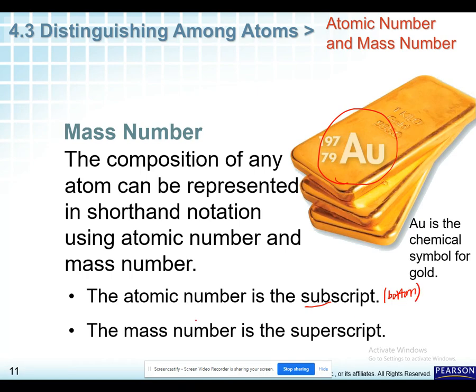Bottom. And the mass number is the number which is the superscript, which is the top number. So just as a clarification and reminder, your atomic number is your number of protons, and your mass number equals protons plus neutrons.